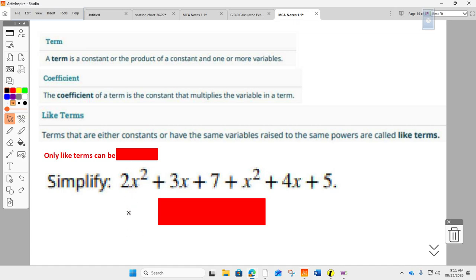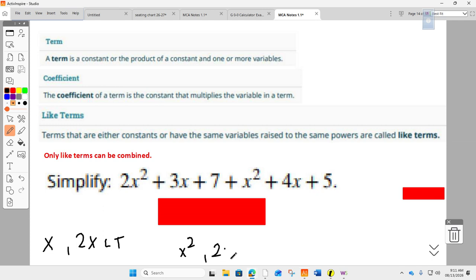Sound familiar? Only like terms can be combined. X and 2x, those are like terms. X squared and 2x, not like terms, right? Not only does the variable have to be the same, but the exponent has to be the same too.